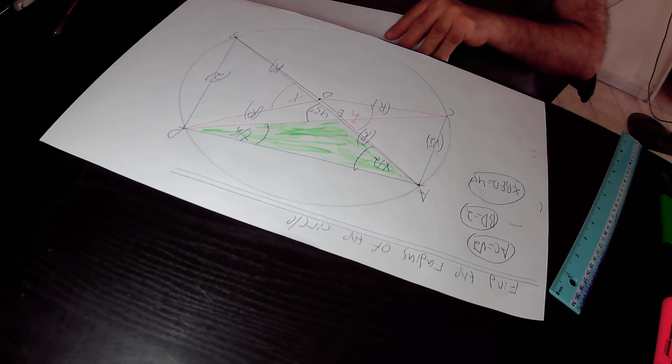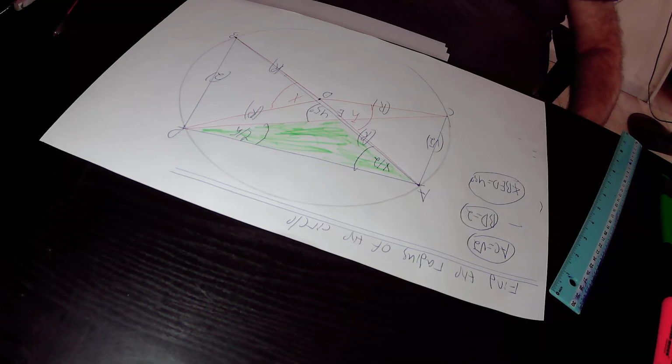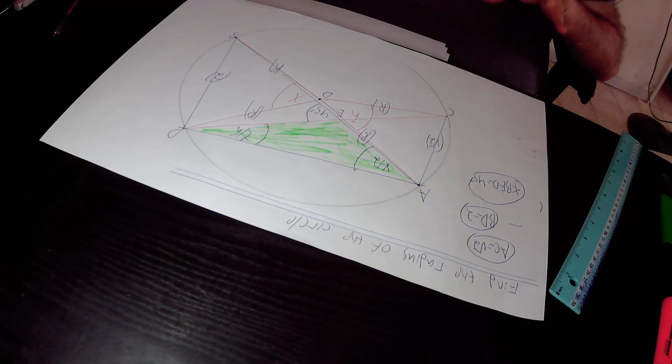And we also know that the diameter of any circle is the longest chord in the circle. Again, the diameter of any circle is the longest chord in the circle.